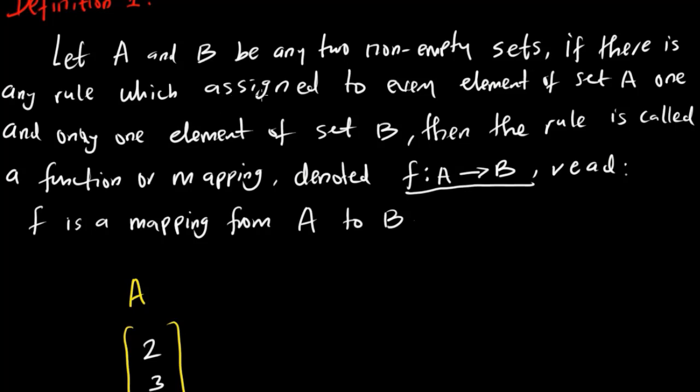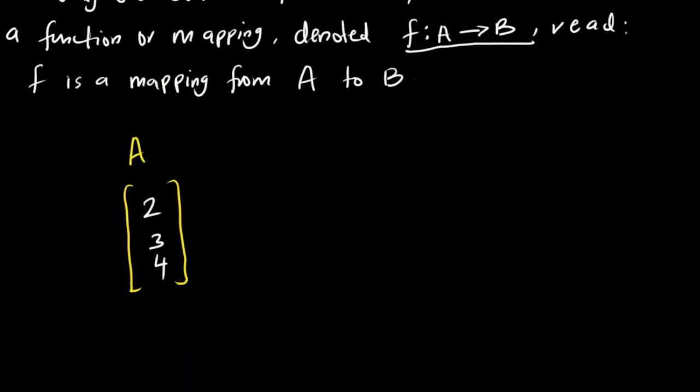So if there is any rule which assigns to every element of set A one and only one element of set B, and if I have the elements of set B as 4, 6, and 8, so if there is a function which assigns to elements of set B from an element in set A, we define this f as a function.